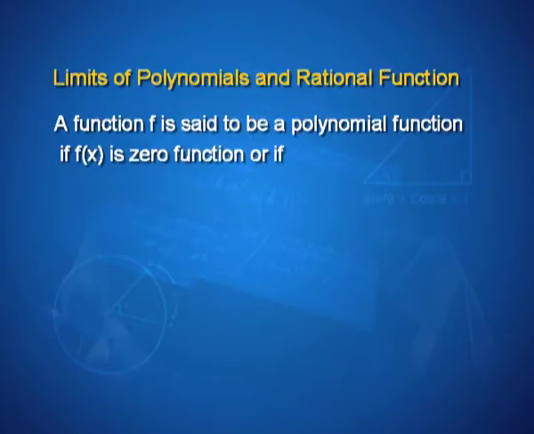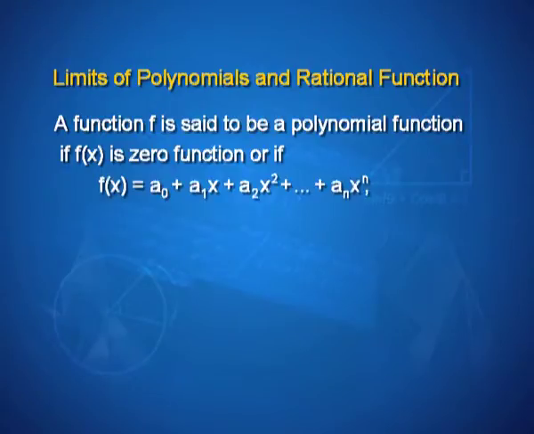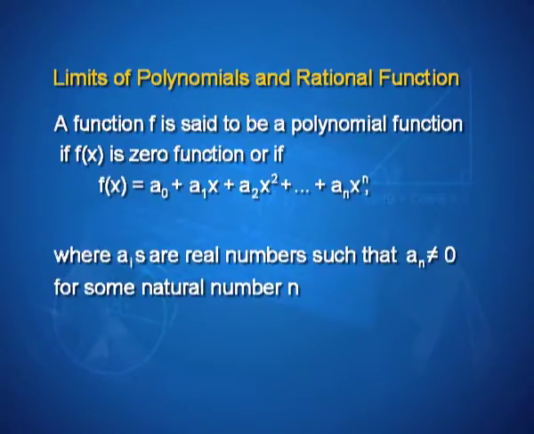Now, let us look into the limits of polynomials and rational functions. A function f is said to be a polynomial function if f of x is 0 function or if f of x is equal to a0 plus a1x plus a2x square plus ... plus an x to the power n, where ai's are real numbers such that an is not equal to 0 for some natural number n.